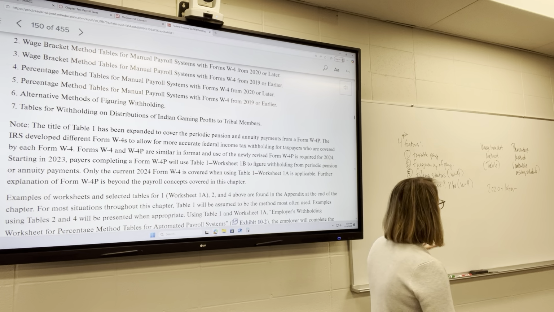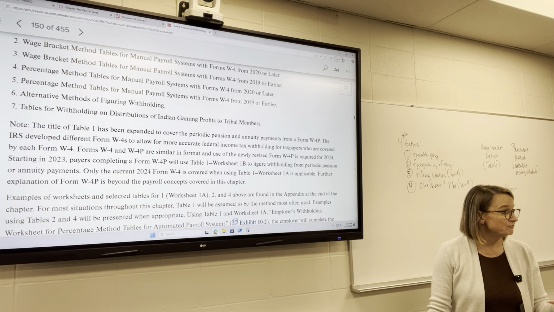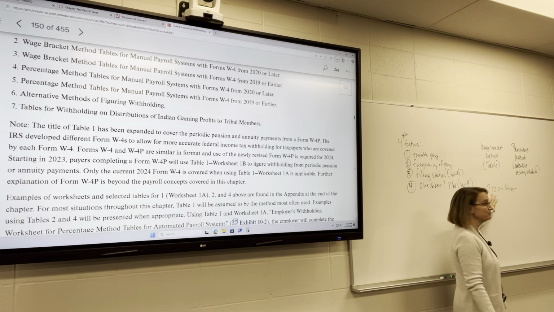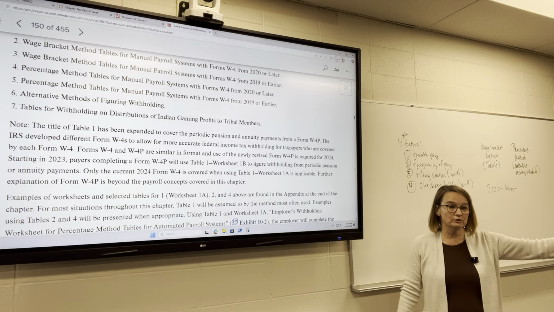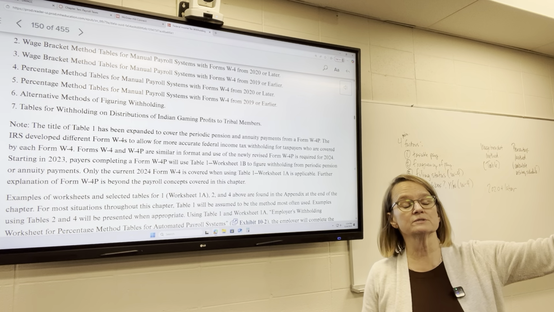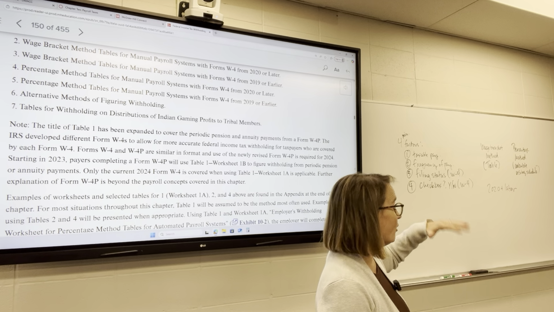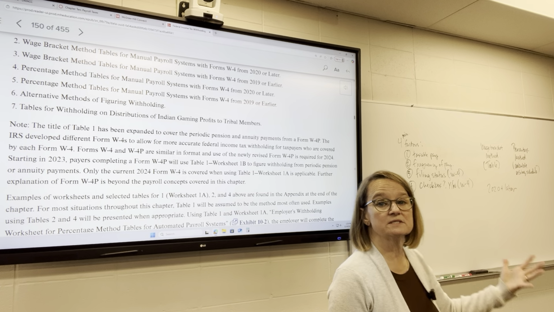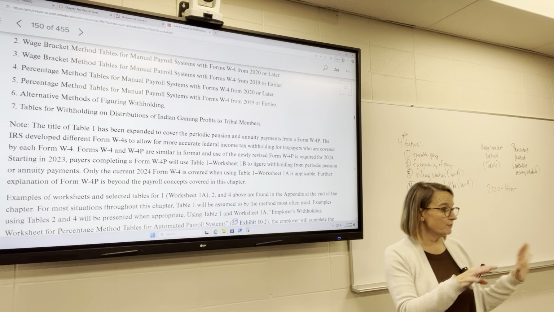So anybody who starts a job now, or has to fill out a new W-4 form, would use the W-4 from 2020 or later. They would not use the 2019 or earlier. But because there are still W-4s floating around from an earlier period, we still have these methods for calculating withholding for those forms.